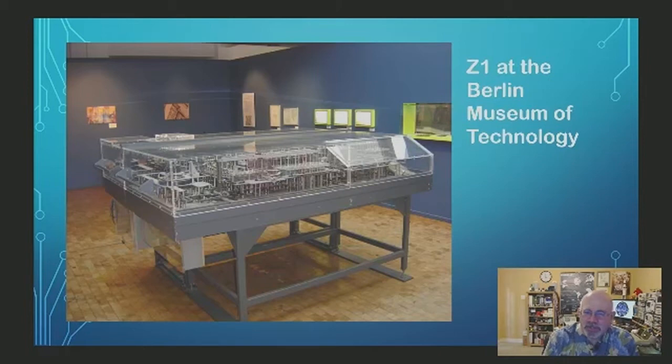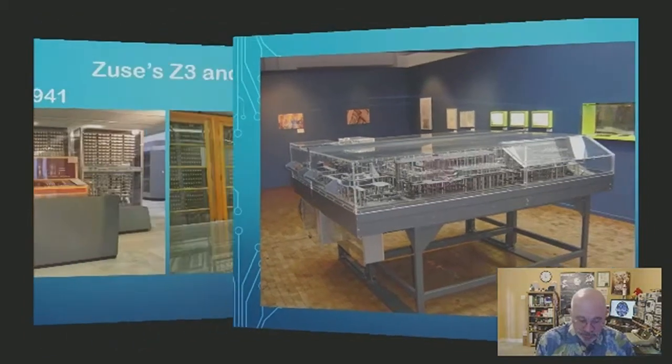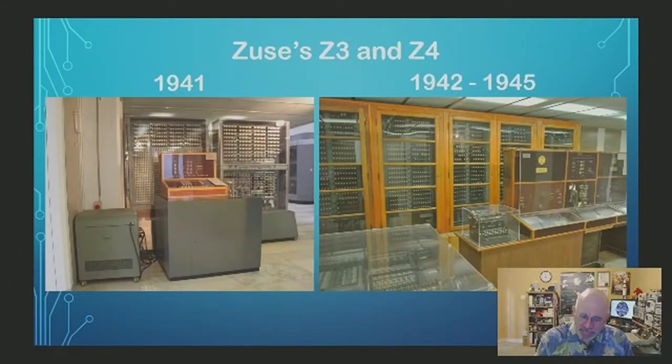So he kept working during the war, trying to get components from where they were available. Some he made from scratch. And he put together in 1941 the C3. In 1942, he started working on the C4. And then the C2 was destroyed in an air raid in Berlin.